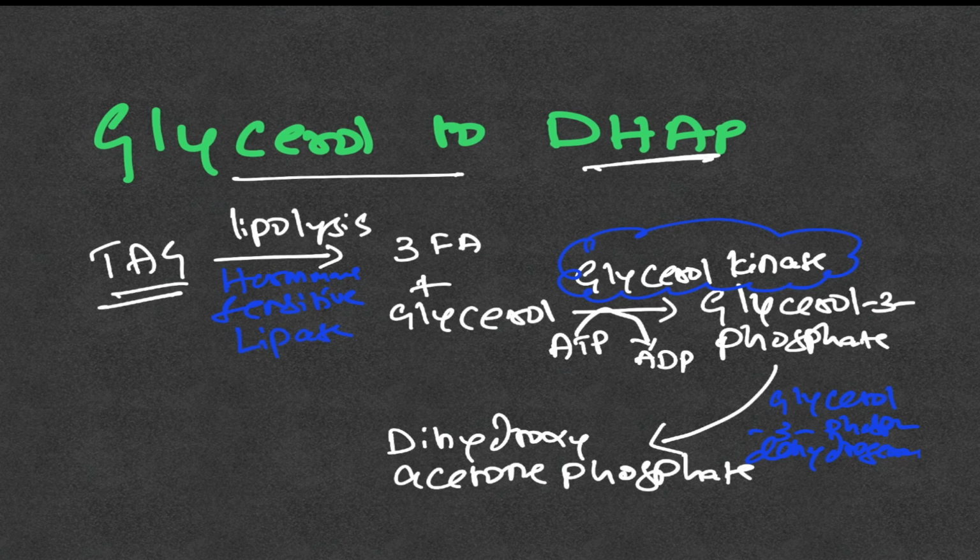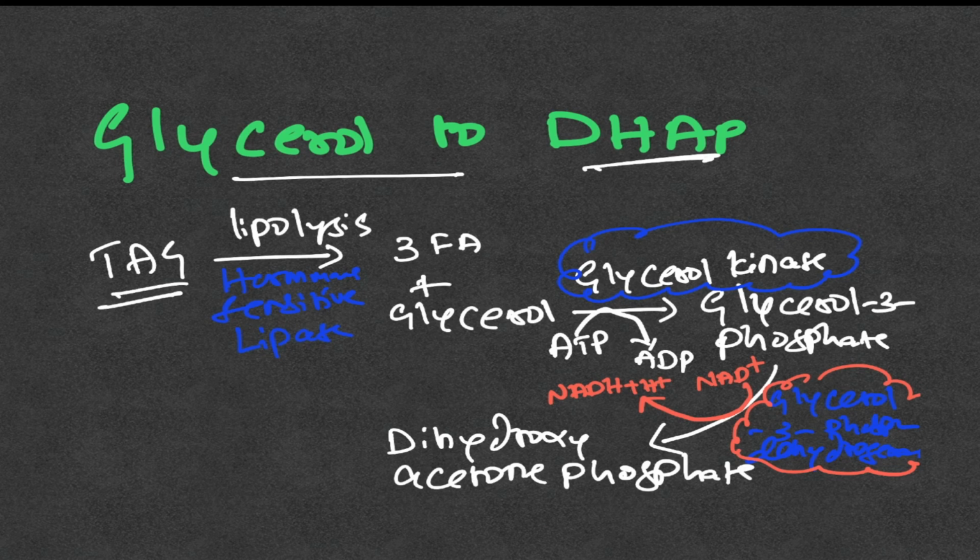Remember, this is glycerol 3-phosphate dehydrogenase, not glyceraldehyde 3-phosphate dehydrogenase. In this reaction there is a need for NAD plus again. NAD plus is necessary for this enzyme and it will release NADH plus H plus.